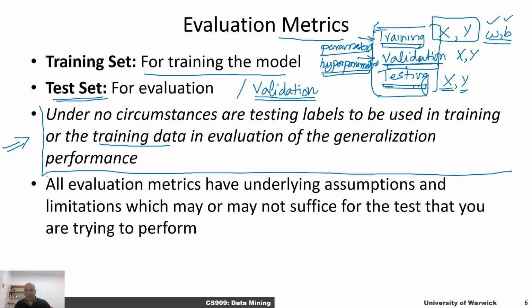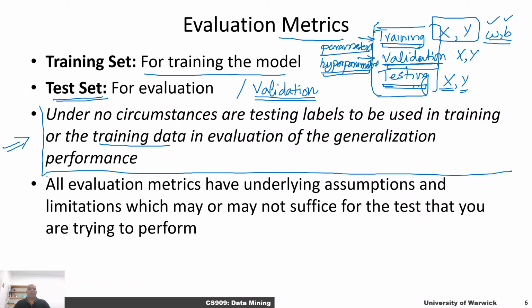If you have got labels that are only available for your training, those will not be available for testing, so you cannot use that information for performance analysis. Anything that cannot be available for testing in the real world, or when the classifier is deployed, or when the machine learning model is deployed, should not be used for performance analysis. That's the golden rule here.